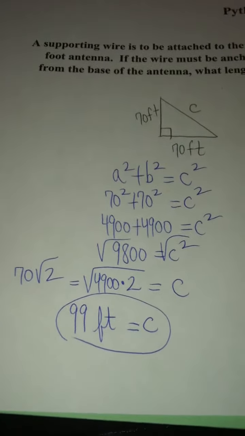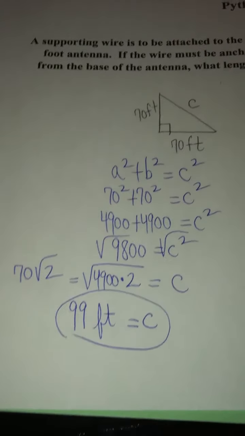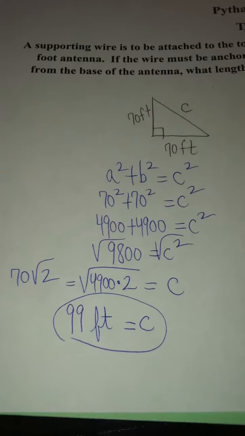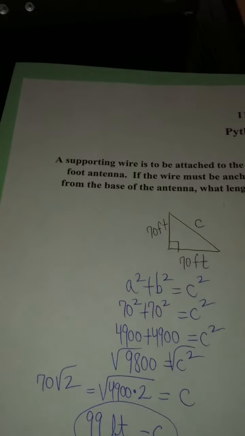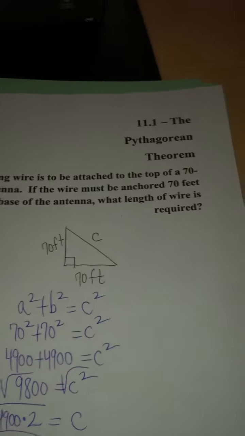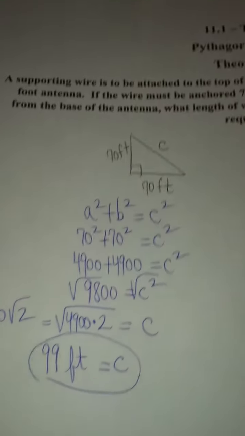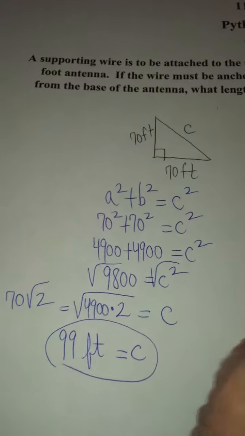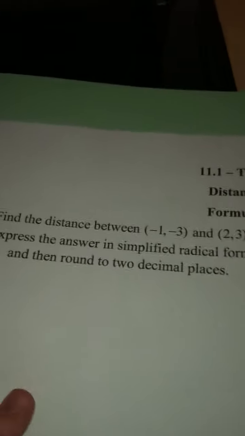So at this stage of this section is when we're going to start using formulas. Another formula that we'll be using is, let's say you have 2 points and you need to find the distance between them.